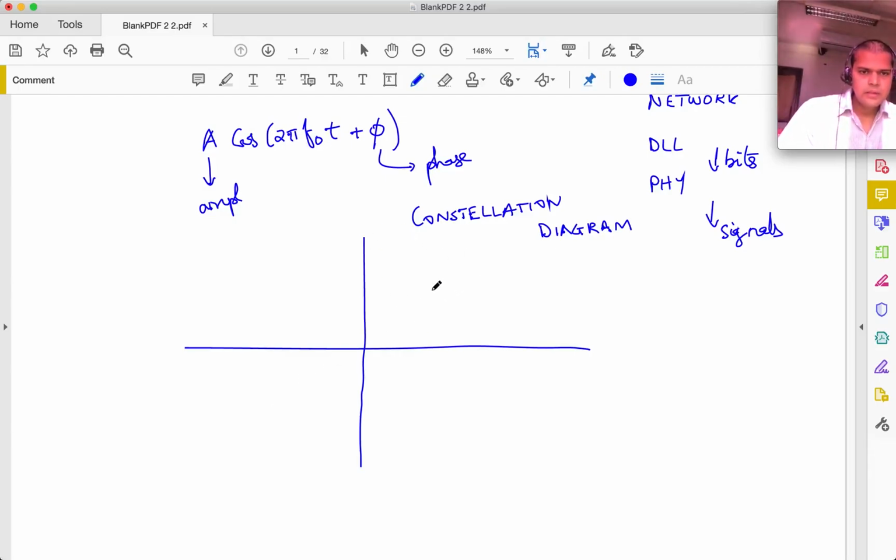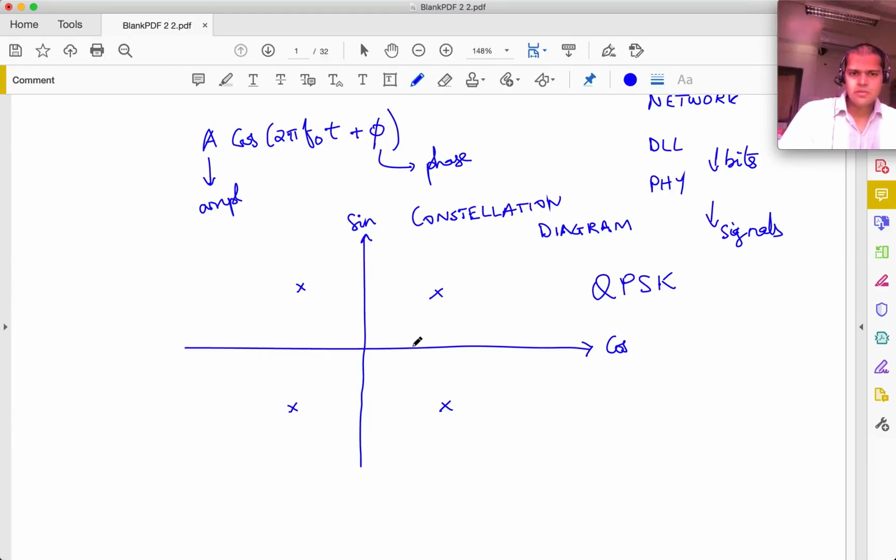And one example is QPSK, quadrature phase shift keying. So we said there are 4 constellation points. This axis we said corresponds to cosine and this one corresponds to sine at that same frequency.